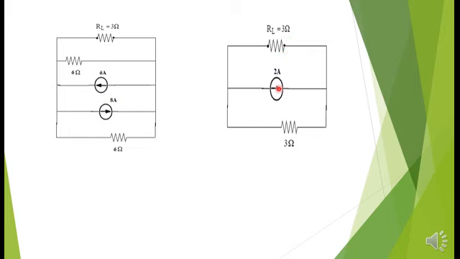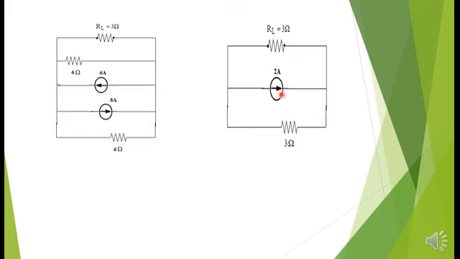Now in the question it is asked, find the current through RL. So now we can apply the branch current formula. What is the branch current formula? Current through any branch is equal to source current into resistance of the other branch divided by sum of the resistances.